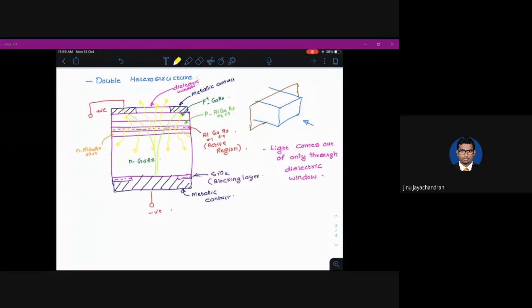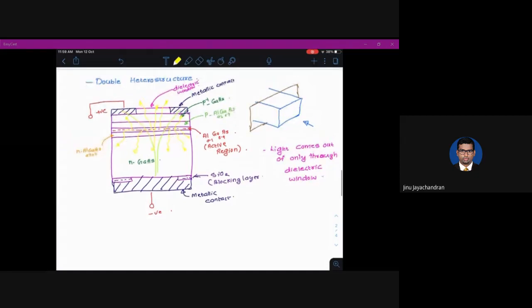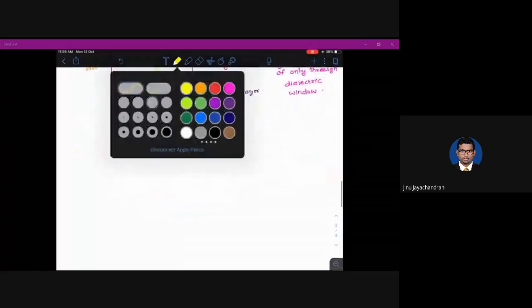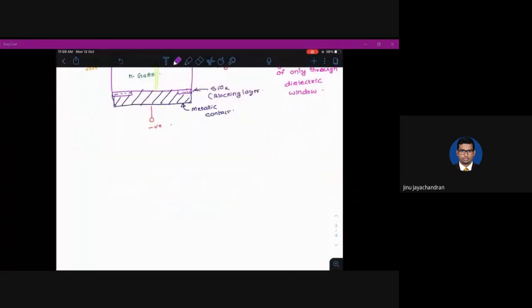Now, what is the advantage of this structure? This is actually a double heterostructure. So for double heterostructure, if you look at the band diagram, it will be something like this. Okay, so this is along the direction X, and this is energy.